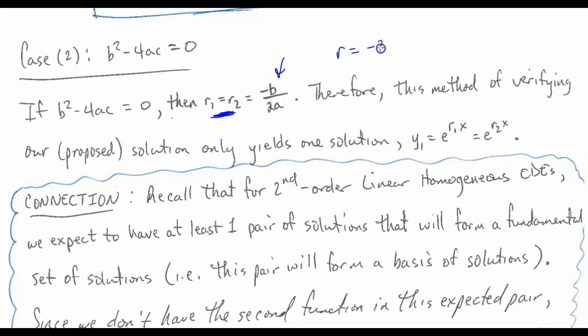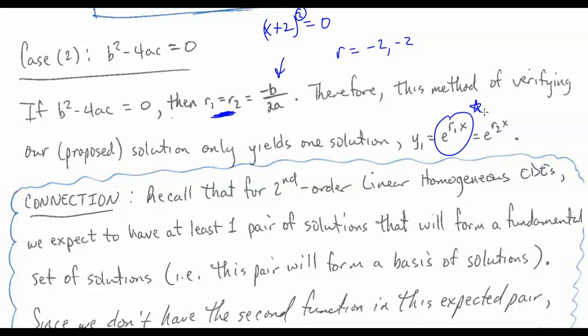So remember the situation where the solution was -2, but since I have a multiplicity of 2 here, it's going to show up twice, okay? In terms of having a general solution for this type of differential equation, it doesn't really help us out a whole lot, okay? So what we know is that e raised to the r1x is the same as e raised to the r2x, so we have one distinct solution.